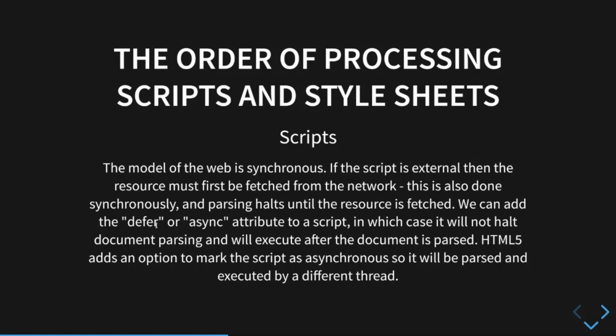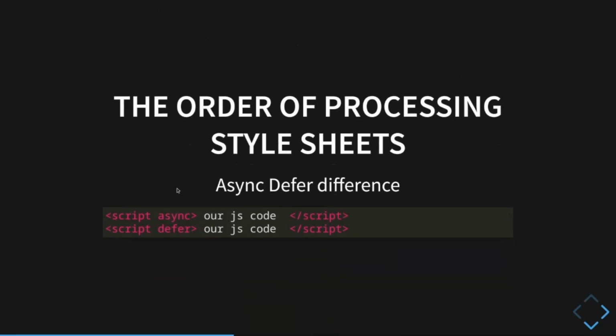We can add the defer or async attribute to a script, in which case it will not hold document parsing and will execute after the document is parsed. HTML5 adds an option to mark the script as asynchronous, so it will be parsed and executed by a different thread. So we can add async and defer, and they have a difference, but I always forget which.